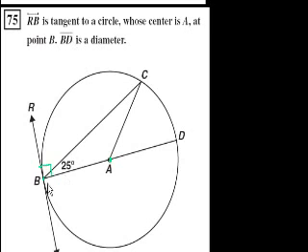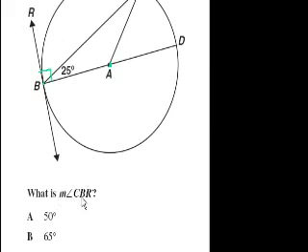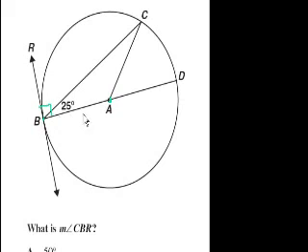BD is a diameter. Okay, fair enough. A is a center, so that's kind of obvious. I guess, well, yeah, it's a line, so that's obvious. So they want to know what is the measure of angle CBR.